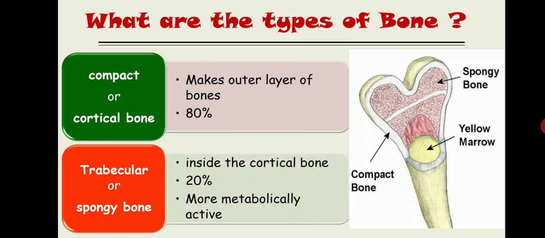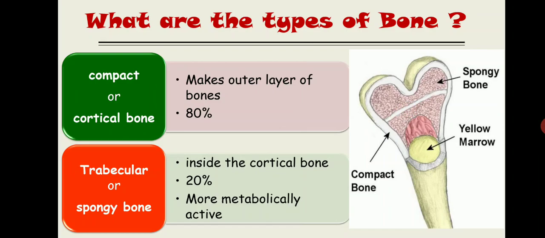The spongy bone is metabolically more active than the compact bone. Got it? This term more metabolically active means that calcium movement in and out takes place more in the spongy bone, and the compact bone receives nutrition from the Haversian canal that we will discuss in a subsequent slide.